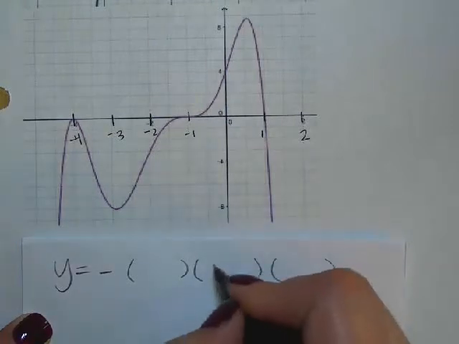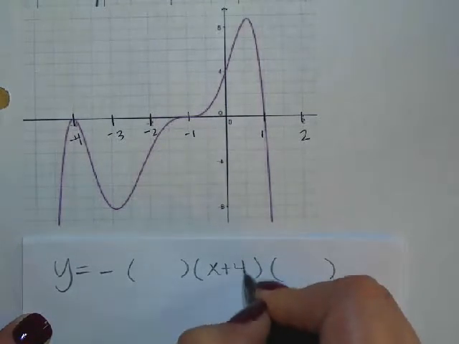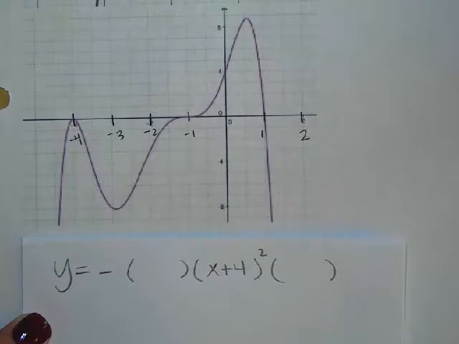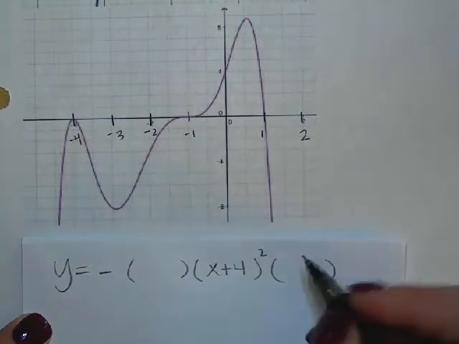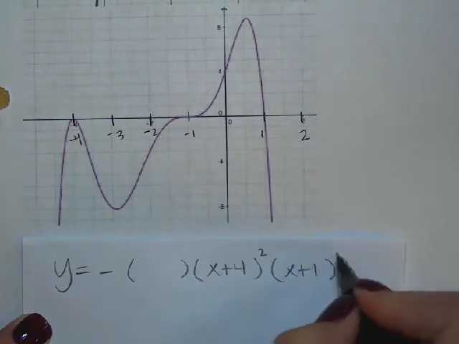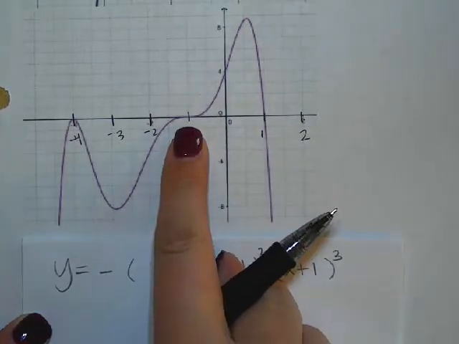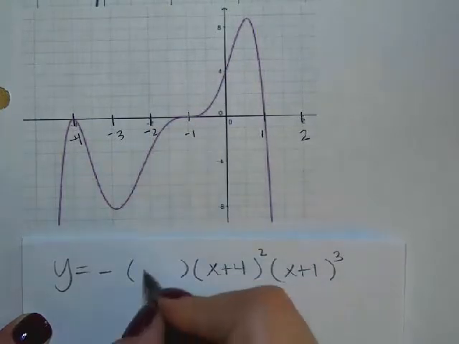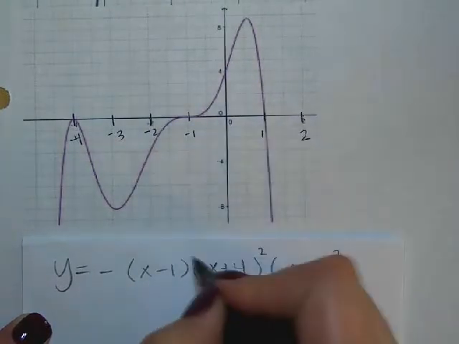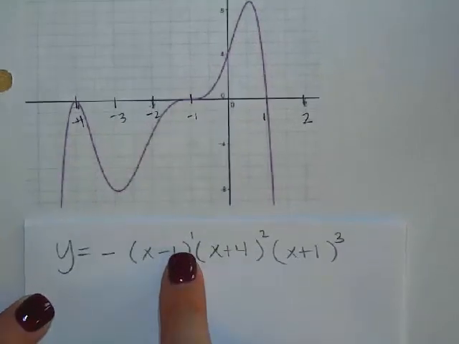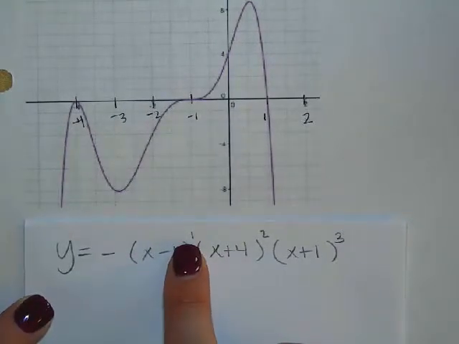Okay, x plus 4 what? Squared. I'm putting it in the middle because you don't have to write it first, even though it comes first. Okay. What should I put next? X plus 1 cubed, so that's this part that squiggles through. And x minus 1 to the first power. Now, if you want, you can always put the 1 in there, but you don't have to.